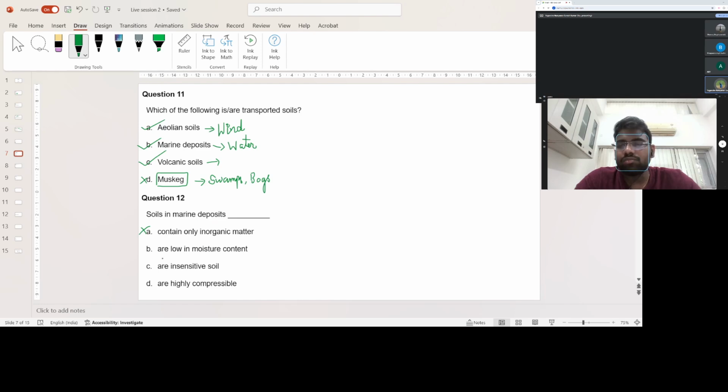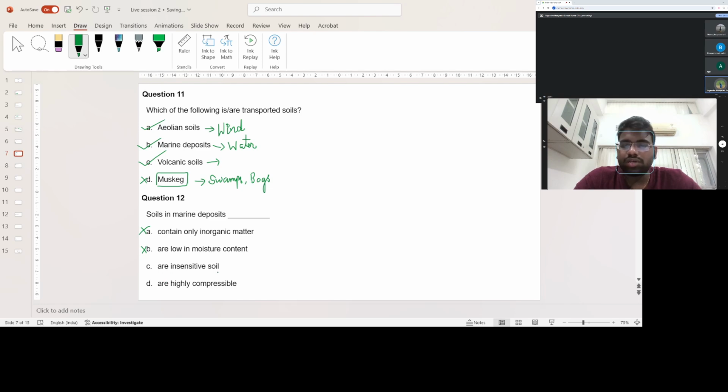So obviously, the majority of the marine deposits are subjected to very high moisture contents and continuous exposure to these high moistures. So hence this option is also not suitable.